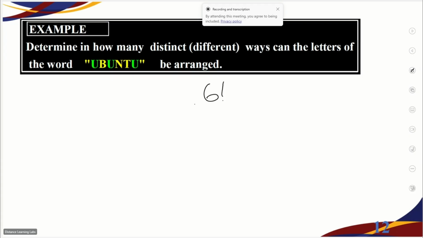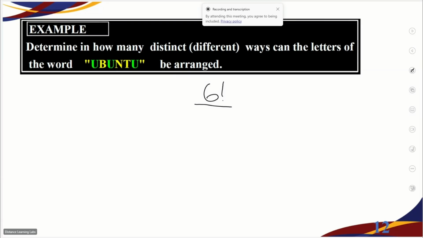Divided by, is there a letter on the word Ubuntu that appears more than once? If there is a letter, how many times does it appear? Then we divide by that. On the word Ubuntu, U appears 3 times.